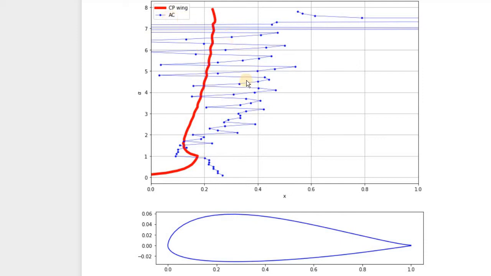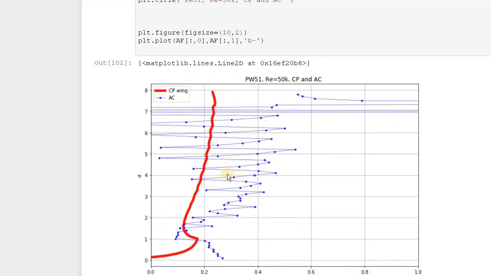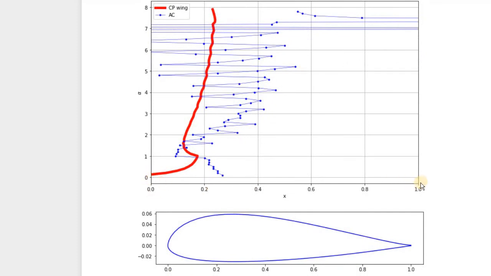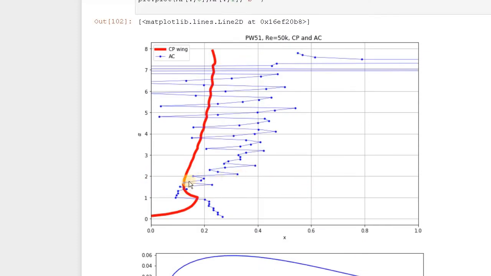But from this graph, we see that the aerodynamic center is on average behind the center of pressure point for this particular airfoil, PW51. So this is good, and actually the aerodynamic center is not important for us. All we need to know is that the center of pressure point is moving from the nose, from zero, to the tail. And if this happens, then we know that this airfoil is stable.